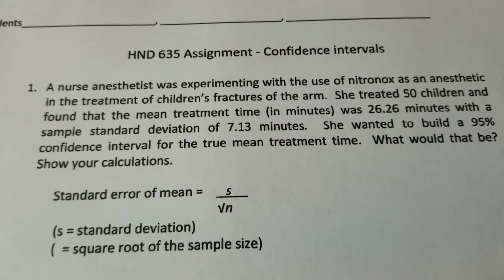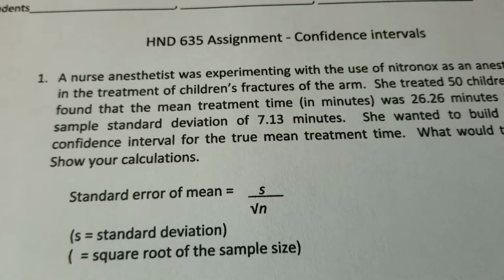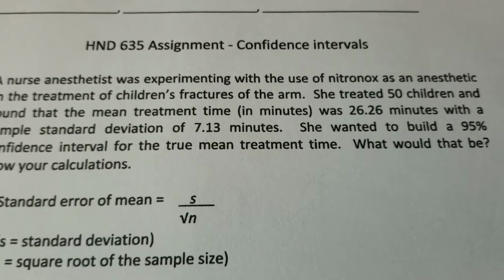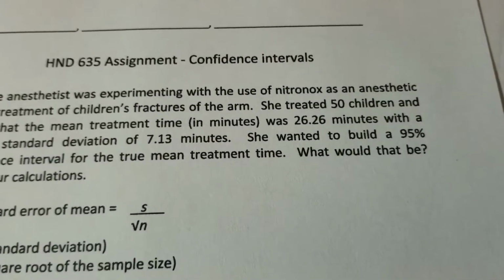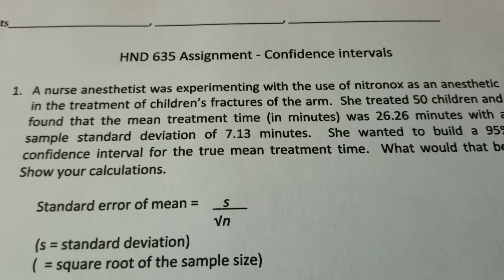Okay, so in this problem, we'll just read the question. A nurse anesthetist was experimenting with the use of nitrox as an anesthetic in the treatment of children's fractures of the arm.